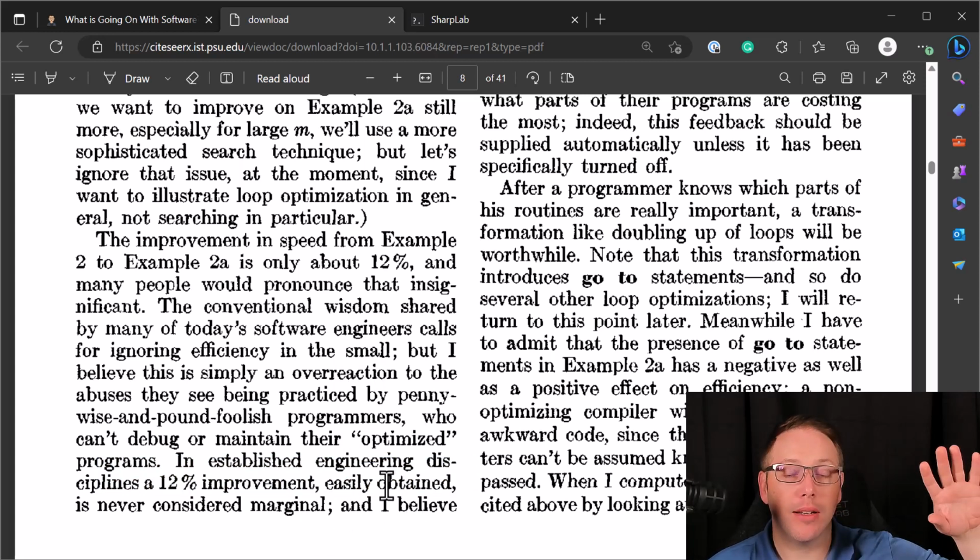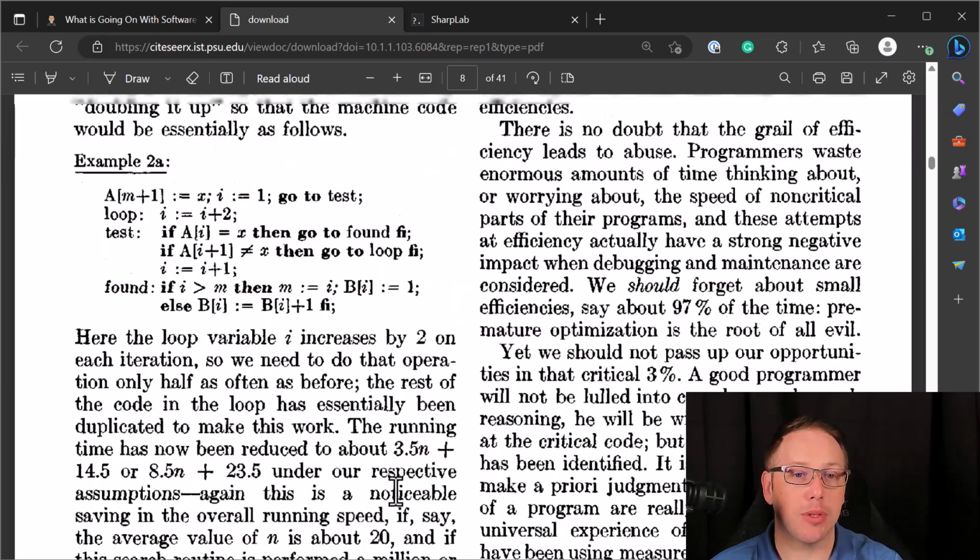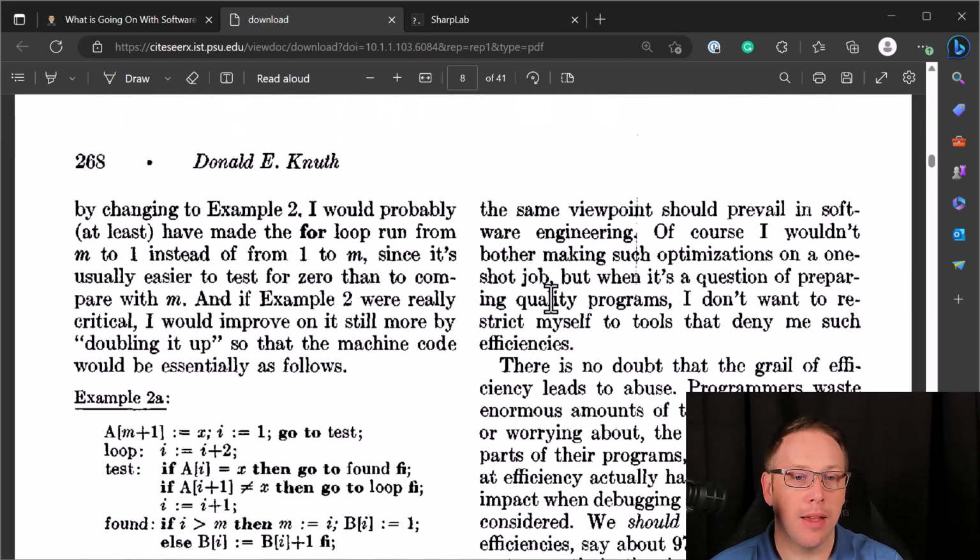And so Donald Knuth is saying, if you can improve performance by 12% by doing some simple refactoring, that is absolutely worth it. Of course, we wouldn't bother making such optimizations on a one-shot job, but when it's a question of preparing quality programs, I don't want to restrict myself to tools that deny me such efficiencies.